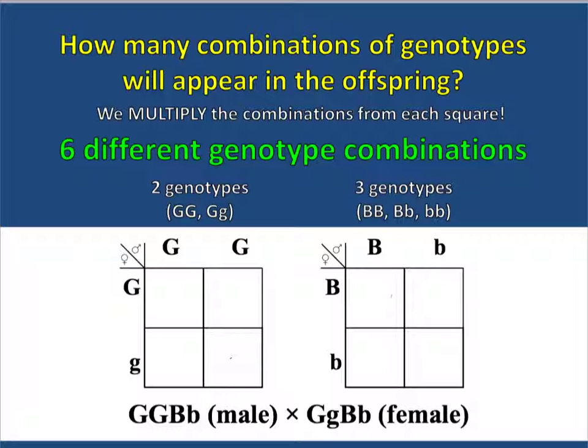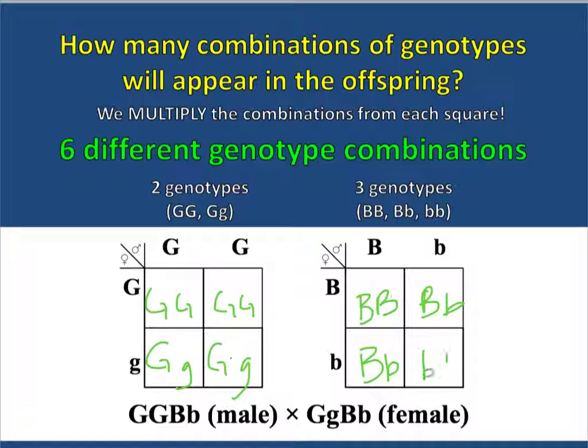Okay, now we get to do this all over again. Now you're going to look at how many different combinations of genotypes can appear in the offspring.